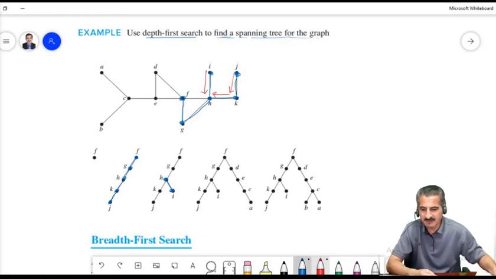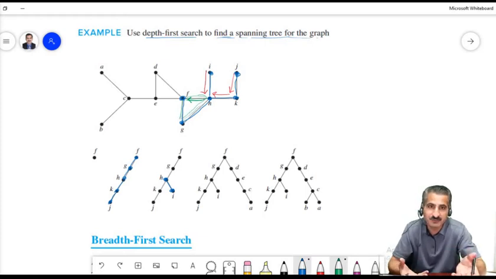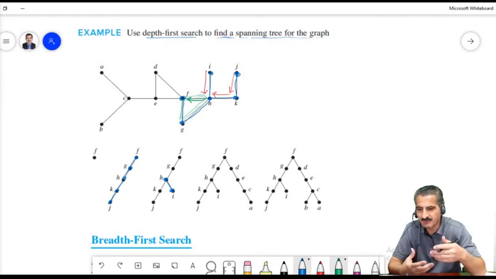Well, somebody may say, oh, okay, we can move to F, but this movement is not allowed, because if you take this edge, then you will make a circuit, right? And we are supposed to get a tree. A tree contains no circuits.